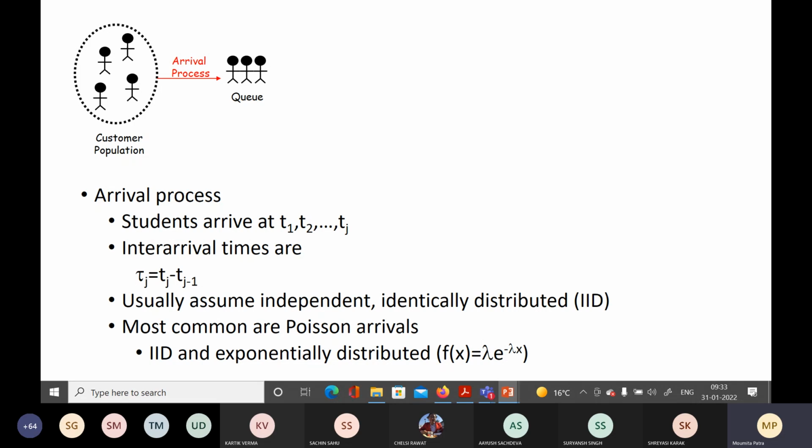We assume these are independent and identically distributed, and most commonly we consider them as exponentially distributed. So we assume that arrivals are Poisson, their inter-arrival times are IID and exponentially distributed. And we know that the PDF of the exponential distribution is given by f of x equals lambda e power minus lambda x. Please go through these distributions and their properties.